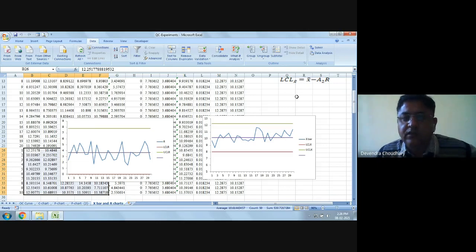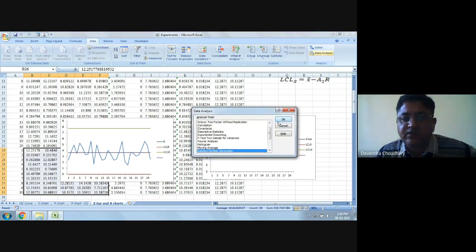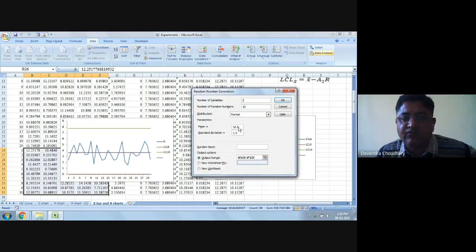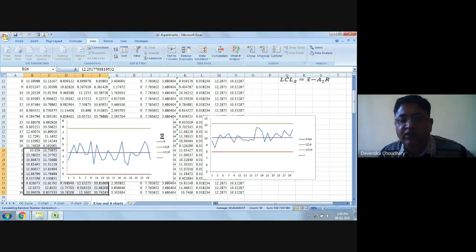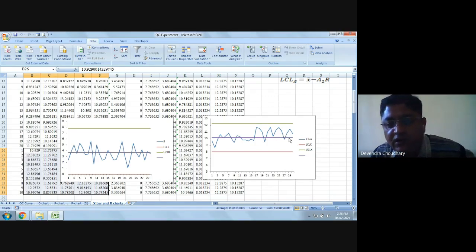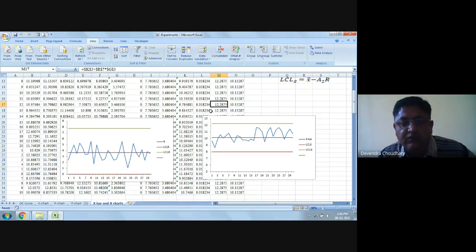Right? Like if I change my process mean from 10.5 to say 11. So earlier it was 10, now it is 11. What is happening? You will observe that most of the points are falling above the center line after this 25th subgroup. Yes, all the readings are there.